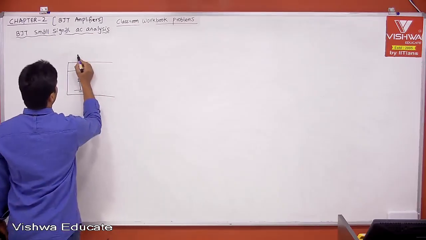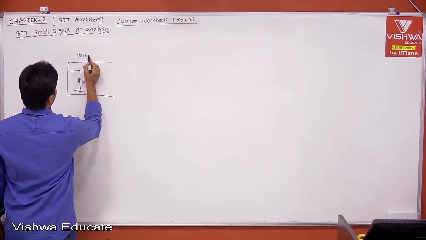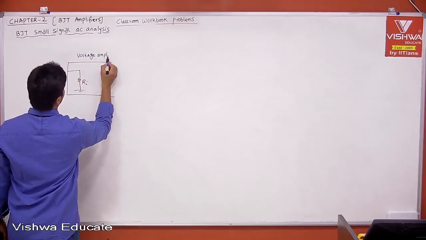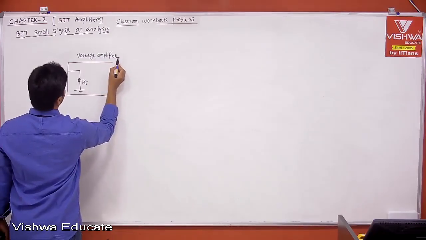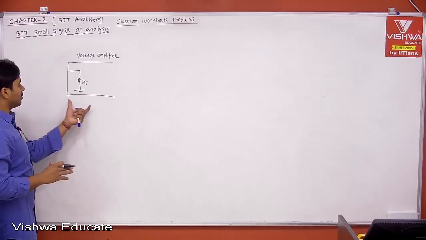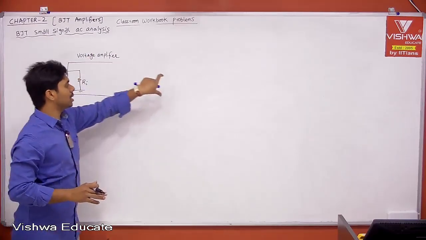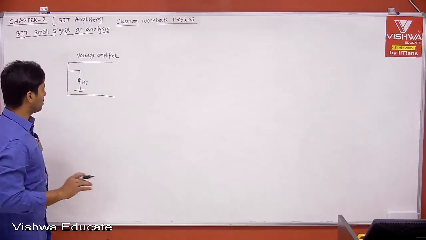What do you mean by voltage amplifier? Input is voltage, output is voltage. Your amplifier will take input as voltage, and will give voltage as output to your load. That is what your voltage amplifier is.